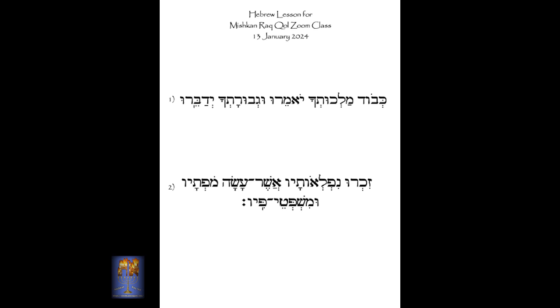What is this wa on the end of the word telling us? What's our root word here? Zakar, which means to remember, to mark, like on a calendar.